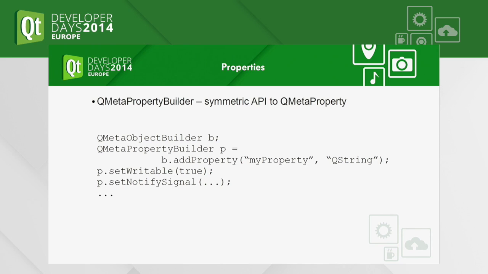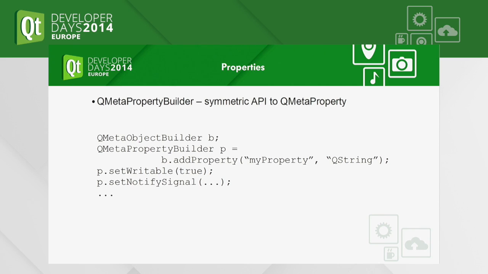The way you use this is, given a QMetaObjectBuilder, you just call addProperty, you give it a name, you give it a type, and then you get the property builder back, and you have setter methods for everything that you're used to from QMetaProperty.